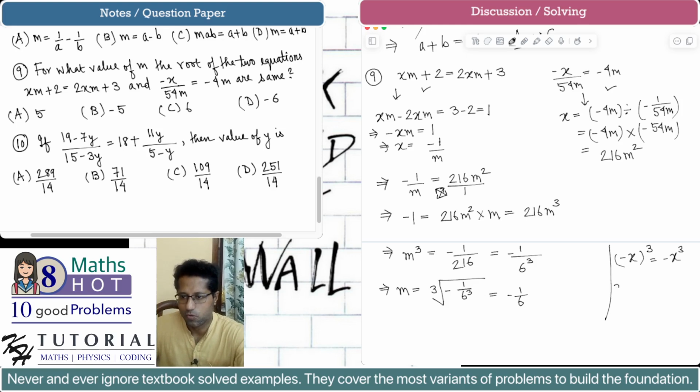Also, cube root of minus x is equal to negative of cube root of x. Considering x as a positive number, minus x will be a negative number and cube root of a negative number is always a negative number. So cube root of minus x cube is always equal to minus x.